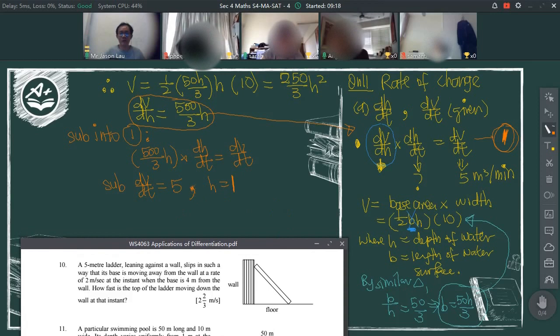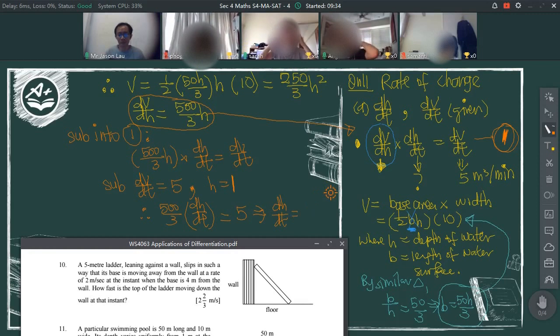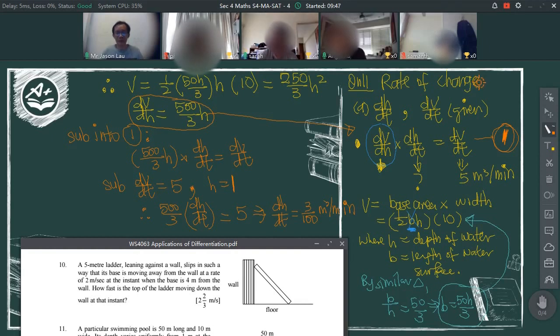So sub it in, then you find your dh/dt. Then write the unit down. Okay, something like that. I feel this question is not really that difficult.